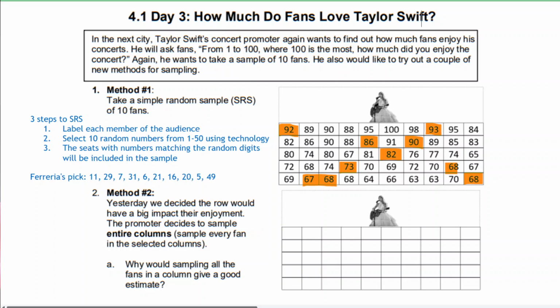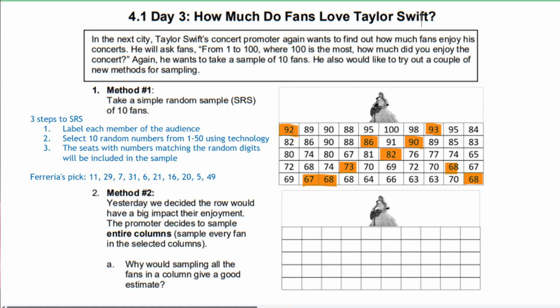As a quick review, we started with a simple random sample. So there are 3 steps here to doing a simple random sample. First thing we're going to do is label each member of the audience. The next thing we're going to do is select 10 random numbers from 1 to 50. And then we're going to select the seats with numbers matching the random digits.